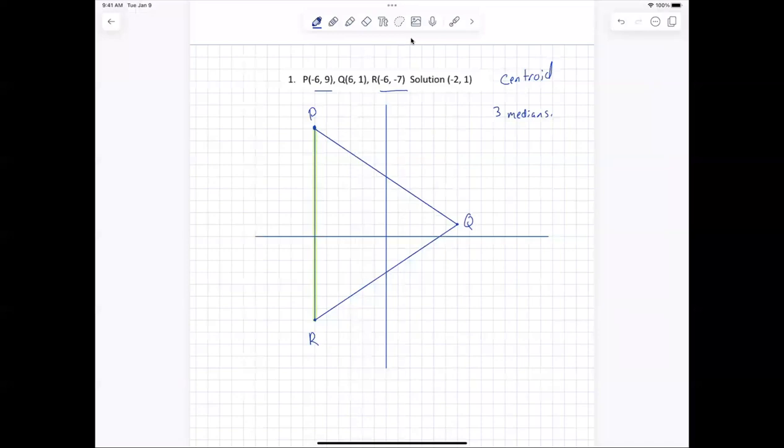Yes, -6, 1. So I agree. So it'd be right there. Is everybody okay with that? You add the x's and divide by 2.